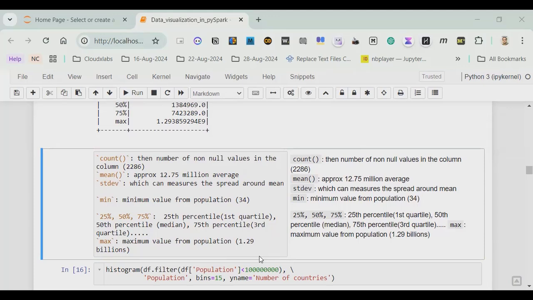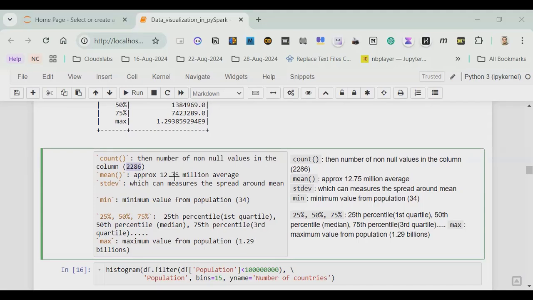So what are the insights we got from this simple summary? The population column has 2286 entries. That's what we understand first. Second, the average population is around 12.75 million.